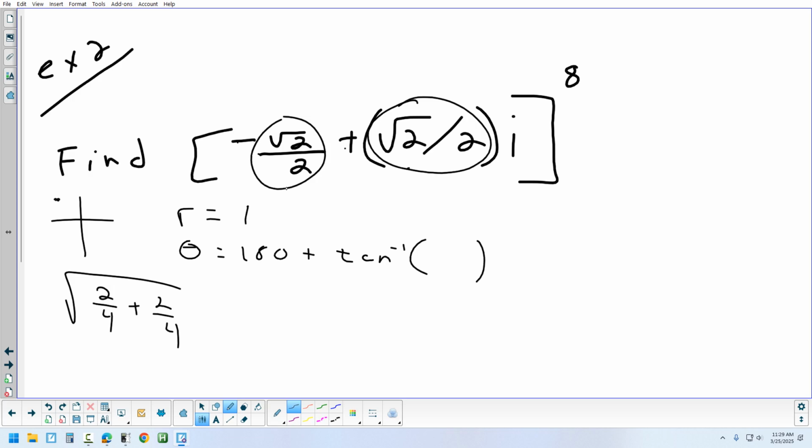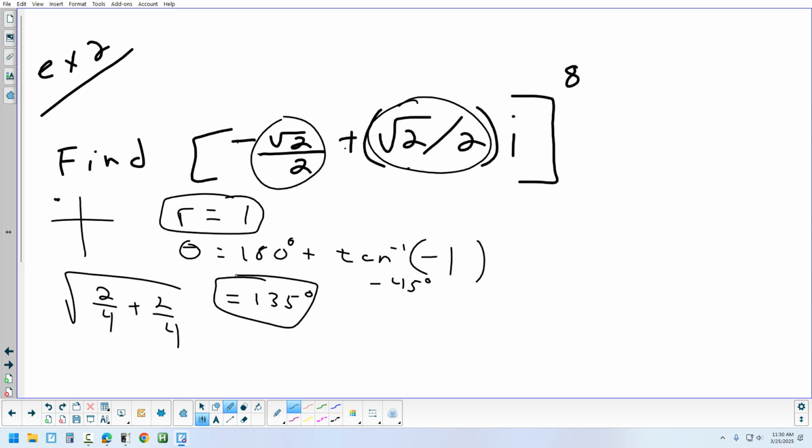These two numbers are opposites. This is a negative. Okay, so since those two numbers are opposites, when you divide them, you'll get negative 1. And I just have memorized the inverse tangent of negative 1 is negative 45. Okay, so if you take 180 minus 45, that gives you an angle of 135.